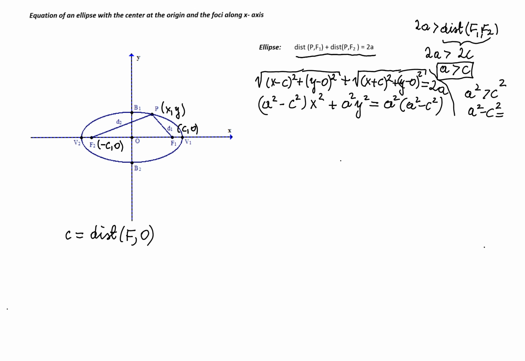And if this is the case, we can define a squared minus c squared to be b squared. So let b be the positive number such that b squared is equal to a squared minus c squared. Since b squared is a squared minus c squared, we can say that b has to be less than a.